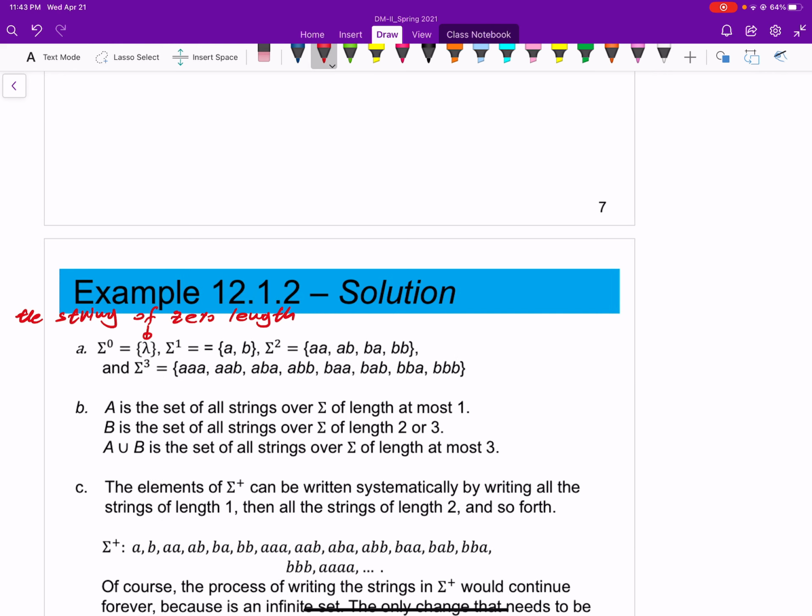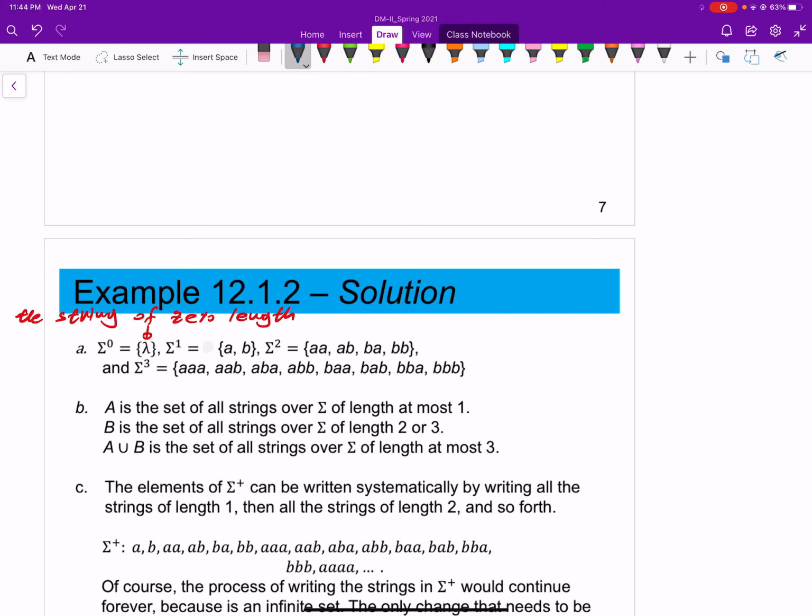Then you have to find sigma to the power 1, that includes strings of length 1.